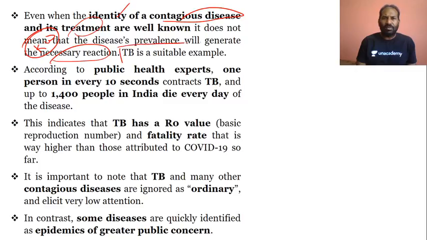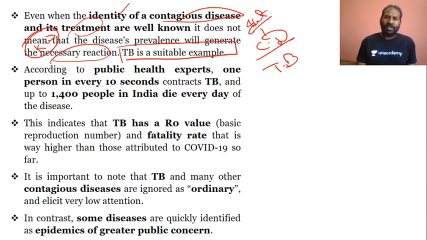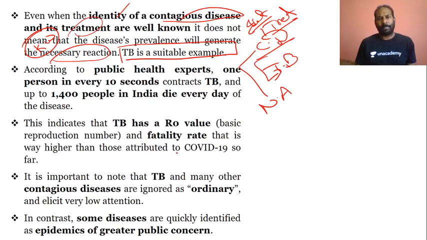He is talking about the example here, where you know the identity of the contagious disease, and in this case it is TB. Definitely it is contagious. And when you know the identity of the contagious disease and you also know the treatment of the disease, then the necessary action has to be taken for TB.